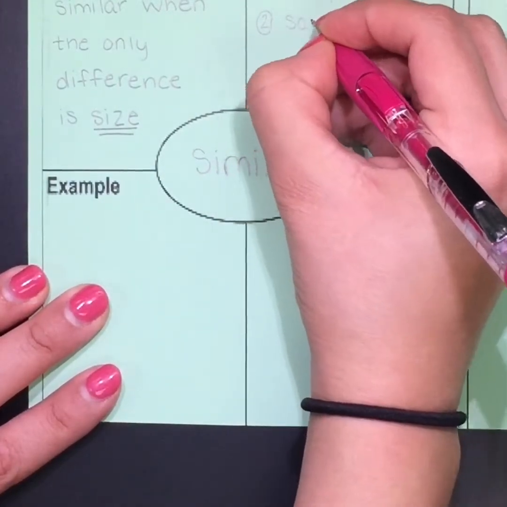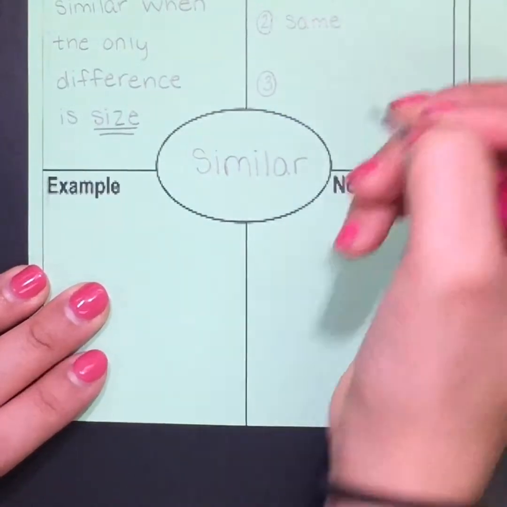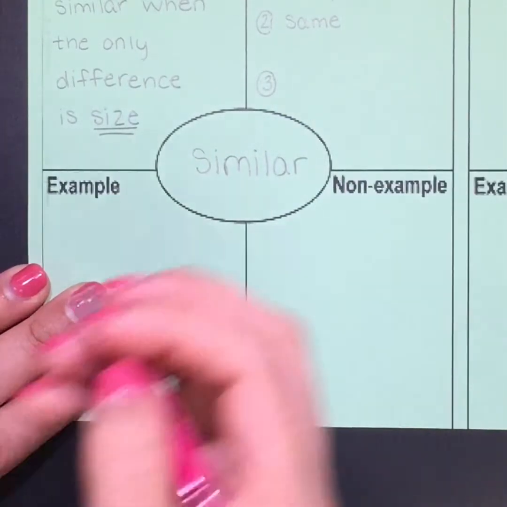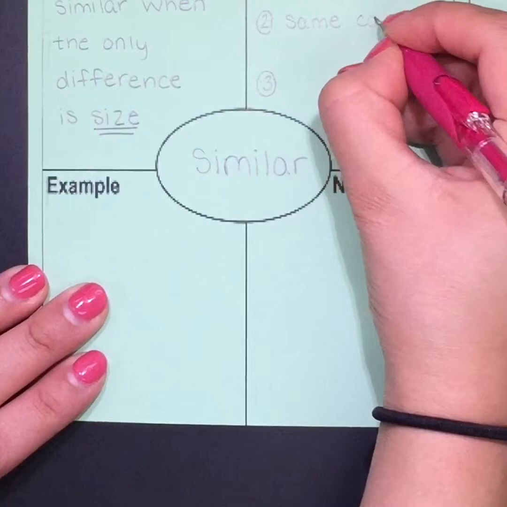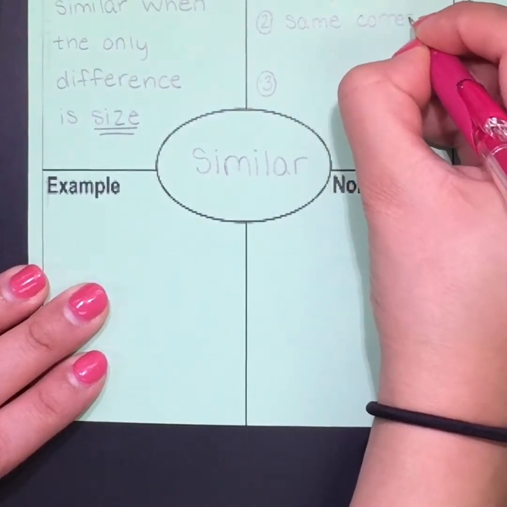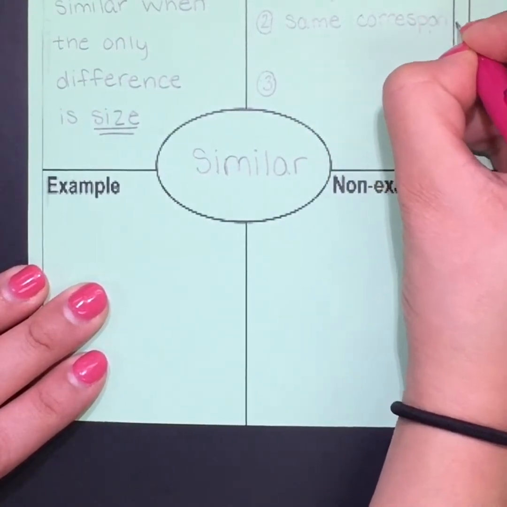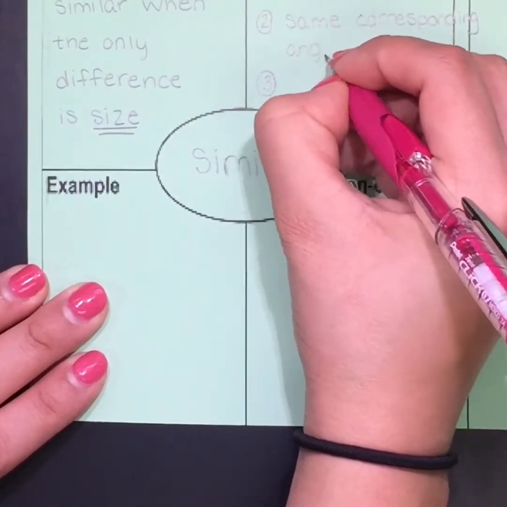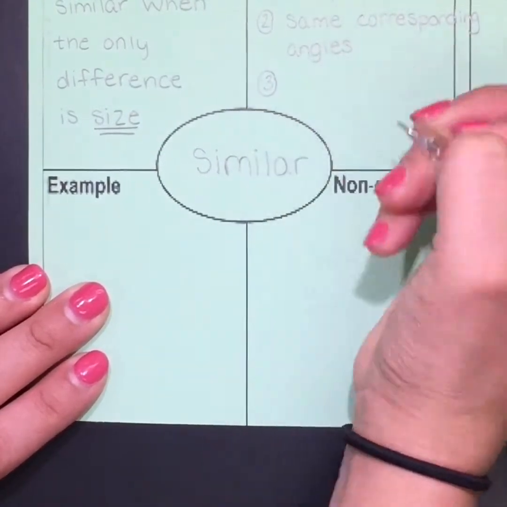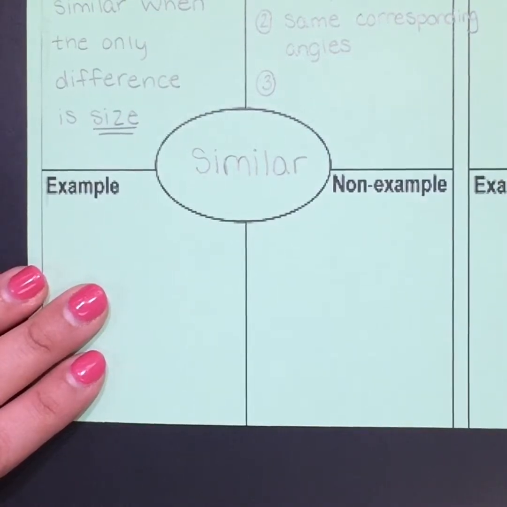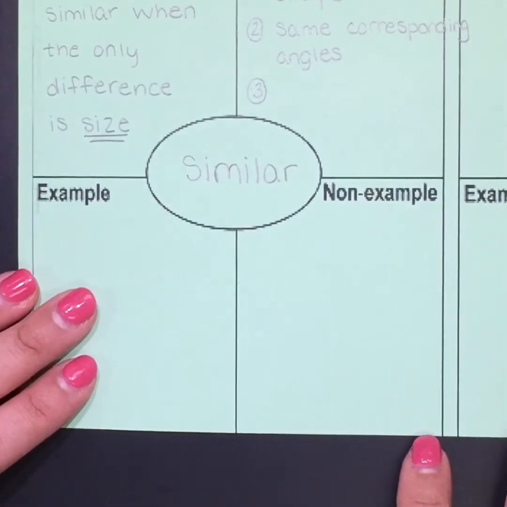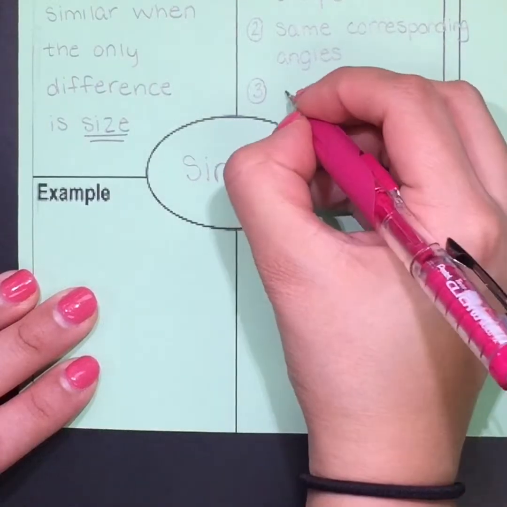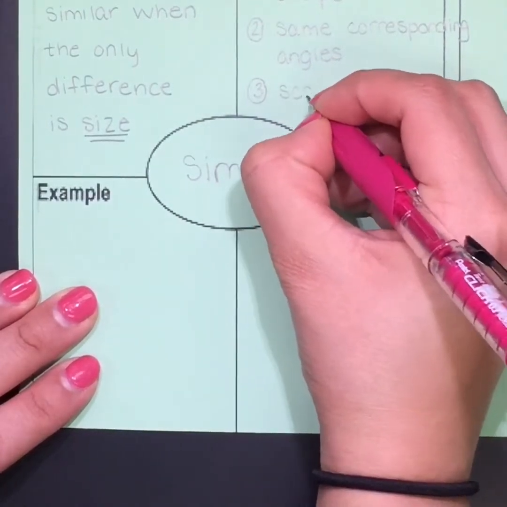They have the same angles, but not just any angles, the same corresponding angles. And that means the angles that are in the same place. And the third one is that the 2 shapes have a scale factor.